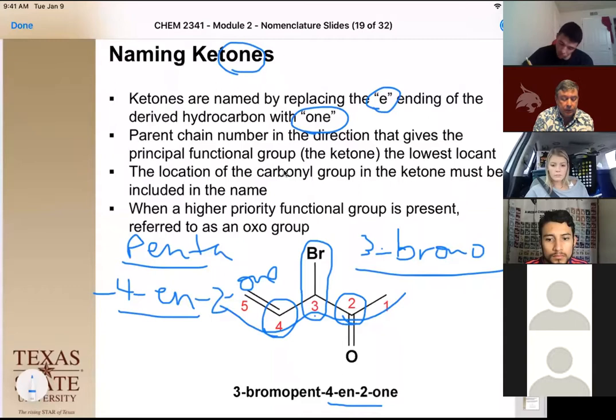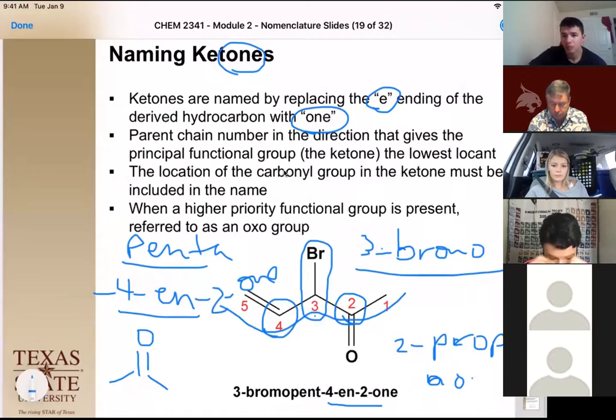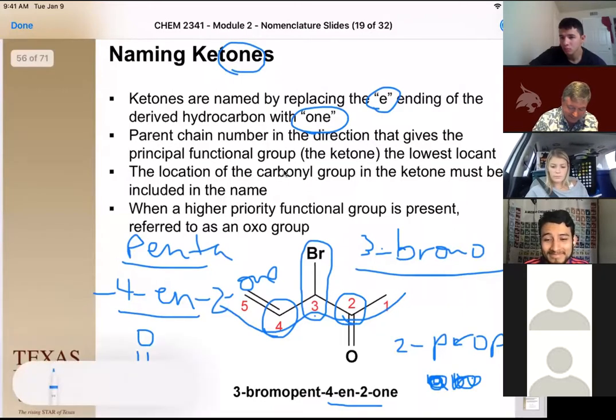So for example, if we had a simpler one like this, this has a common name called acetone, but this is actually called 2-propanone. Sorry, let me erase that and try again.